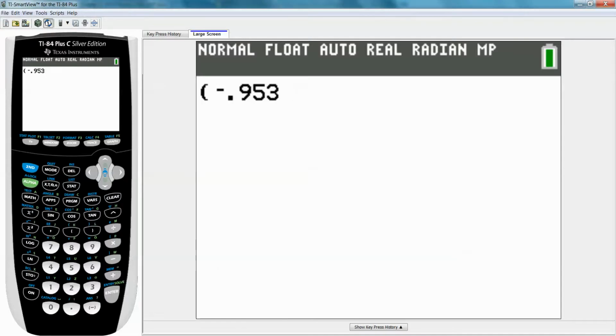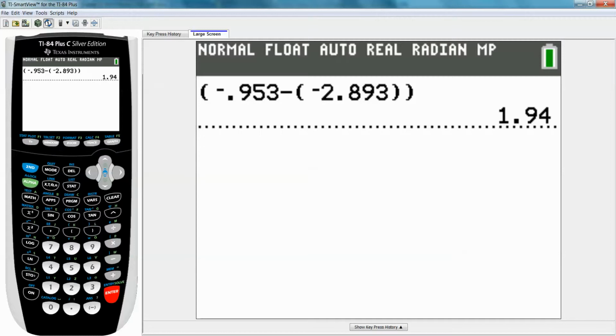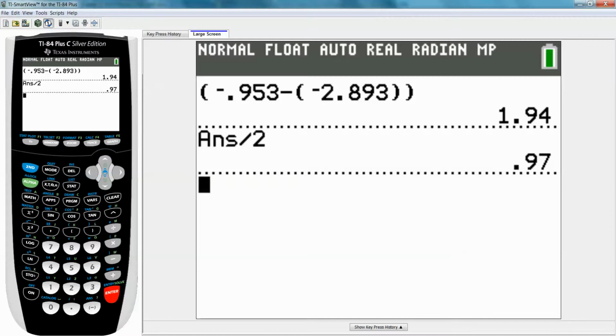So I'm going to take negative 0.953, take away a negative, I can do parentheses, negative 2.893, close parentheses. I don't know really why I put the extra parentheses in there, but so the whole interval across is 1.94. So I'm going to divide that by 2, times it by half, and I get 0.97. So that's my margin of error.